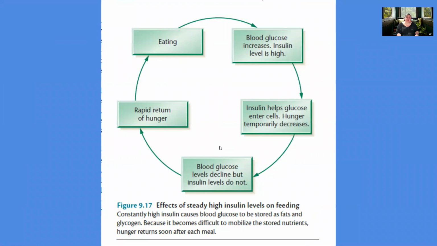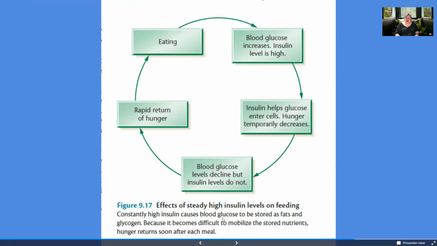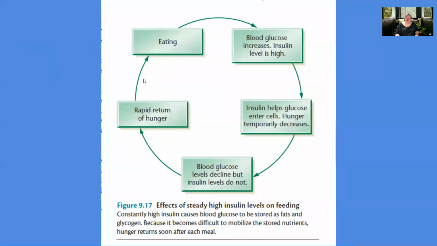But what about when you have high insulin levels? Maybe that's something your body's doing, is you just have these high levels of insulin. Or sometimes people who are figuring out how to manage their diabetes may have taken too much insulin, for example.